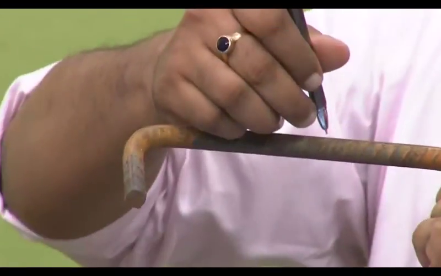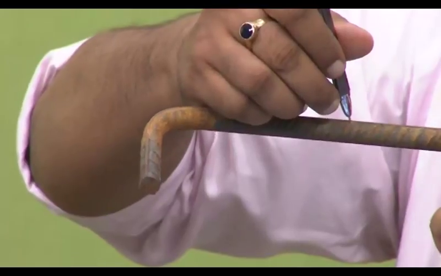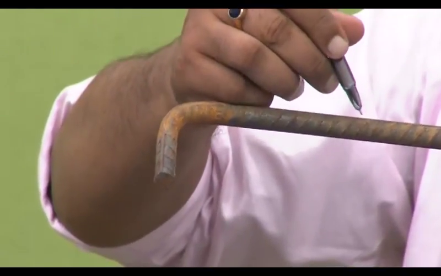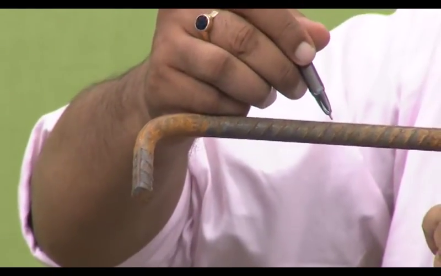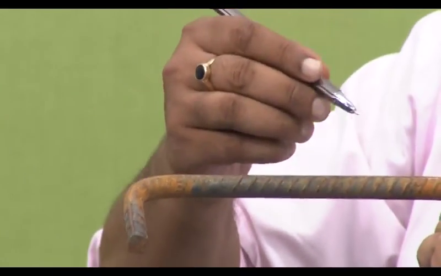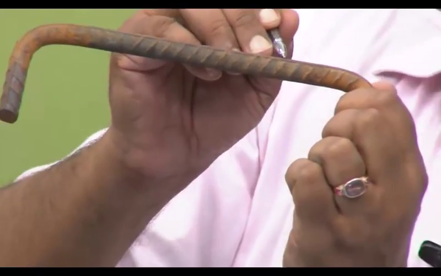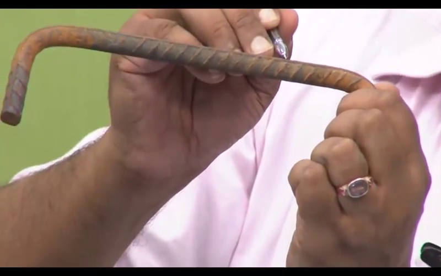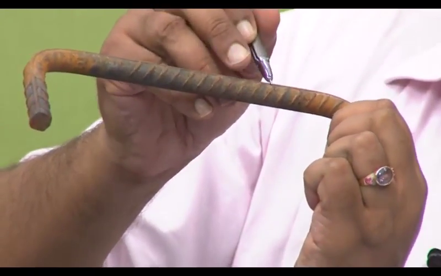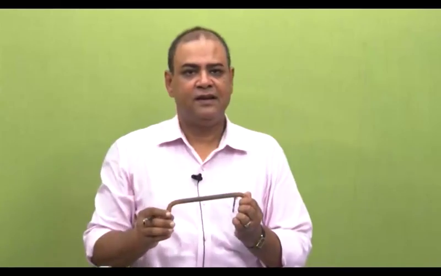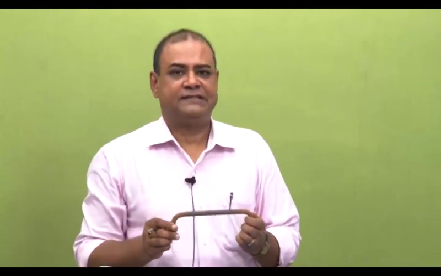So, you see this is the root, and in this root you have a bit more red rust than these flat regions. Okay. Now, let us take another example. For example, here if you see this, the root is having more red rust compared to the base regions. Okay. Now, why does it happen?